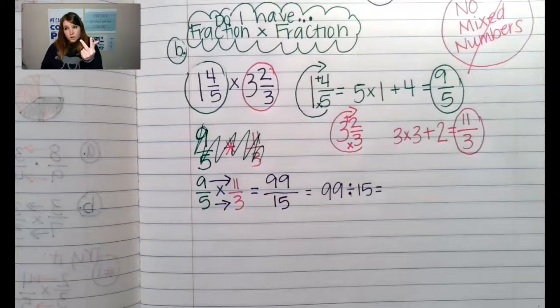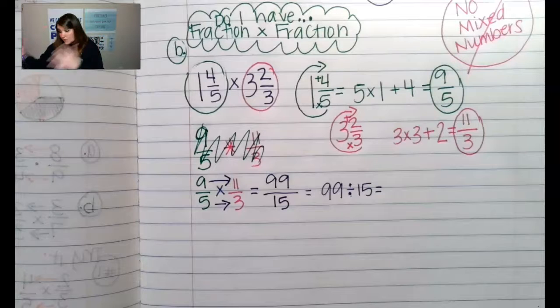What comes after 45? 60. Man, we're getting up there. So 60 plus 10 is 70. Plus 5 is 75. 75 plus another 5 would be 80 and then 90.